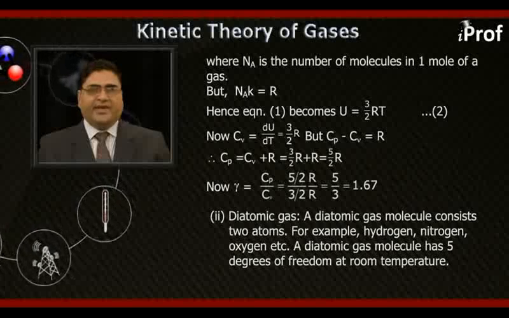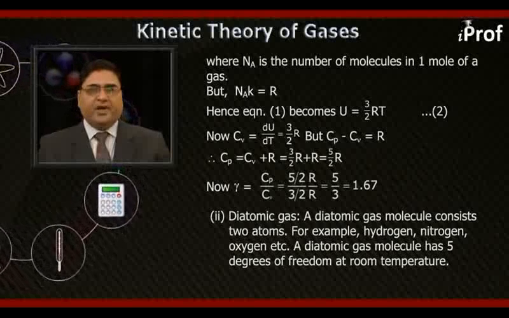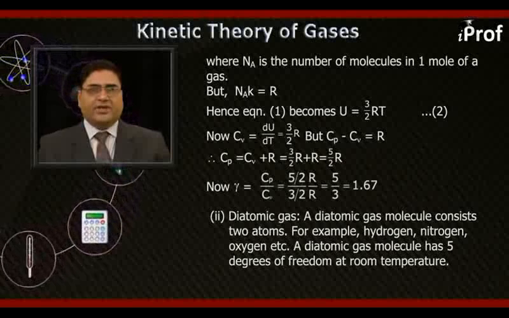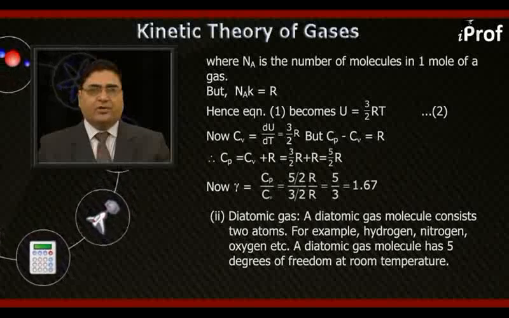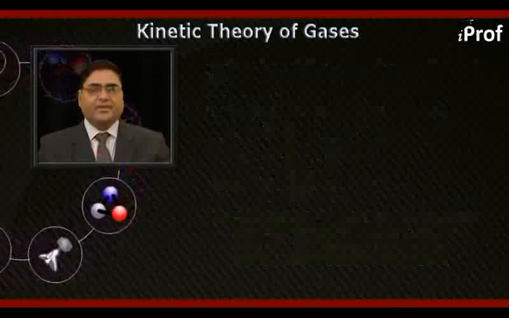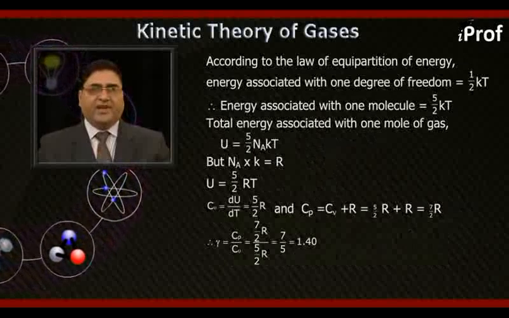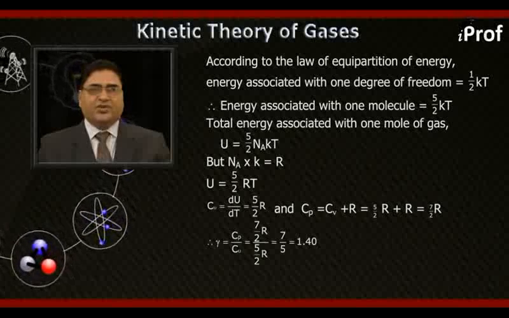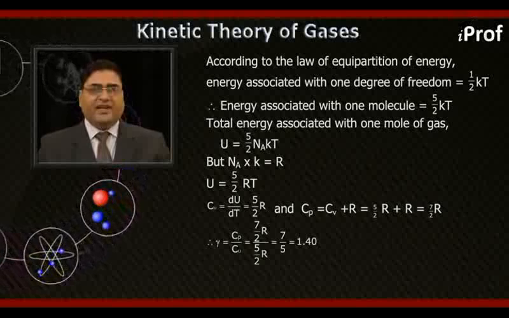Now let's see for diatomic gas. A diatomic gas molecule consists of two atoms, for example, hydrogen, nitrogen, oxygen, etc. A diatomic gas molecule has 5 degrees of freedom at room temperature. Now, according to the law of equipartition of energy, energy associated with 1 degree of freedom equal to half kT.